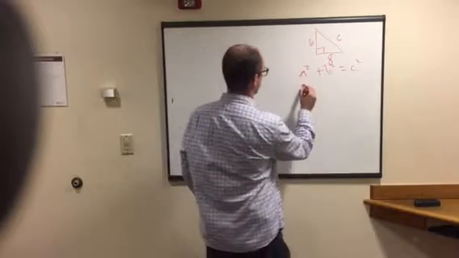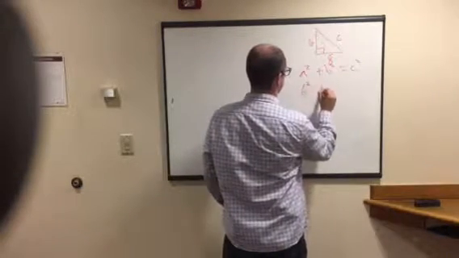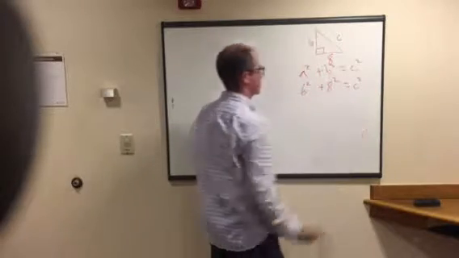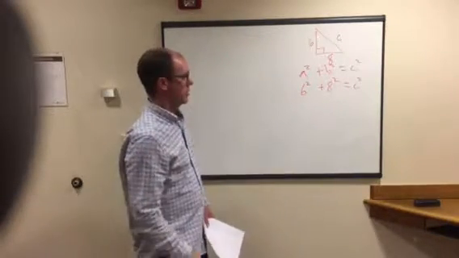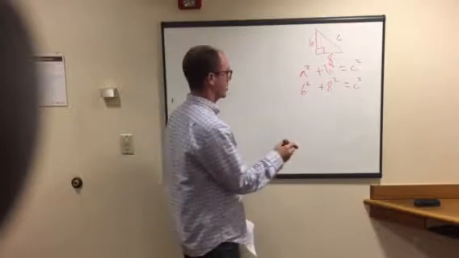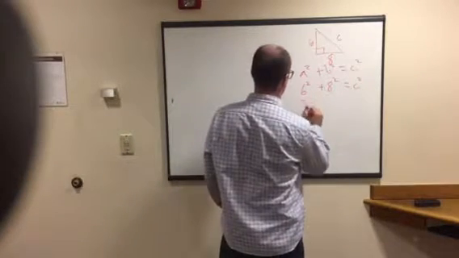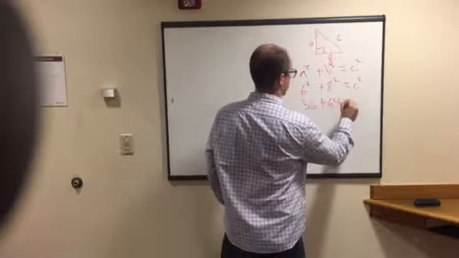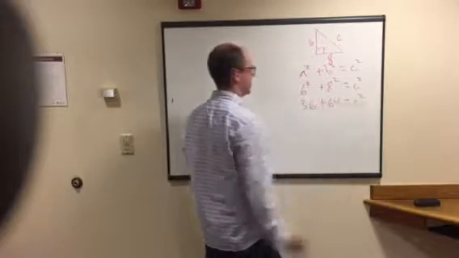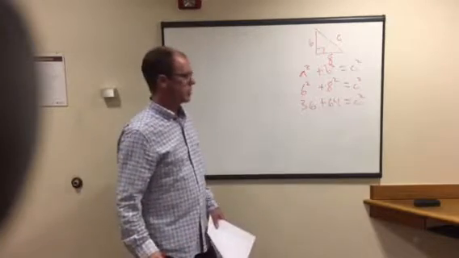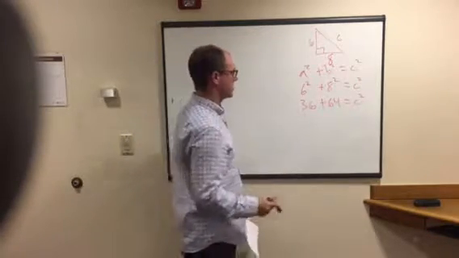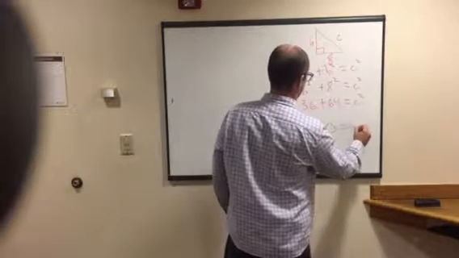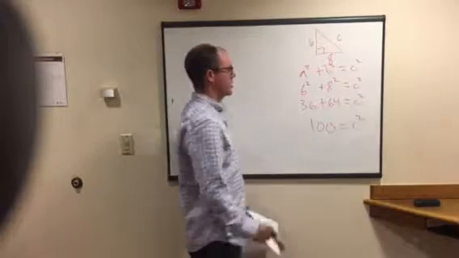So now let's plug in our numbers: 6 squared plus 8 squared equals c squared. Okay, and then 6 squared, 6 times 6, 36, plus 8 squared, 64, equals c squared. 36 plus 64, that's 100, equals c squared.